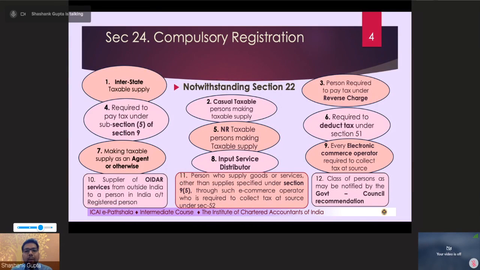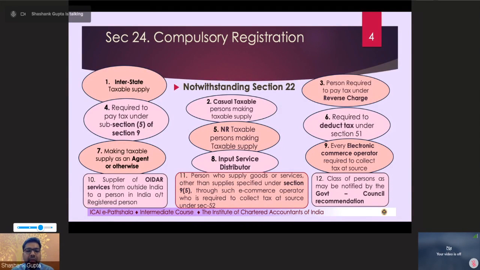So basically, suppose the government is wanting to build a bullet train between Mumbai and Ahmedabad. Now bullet train is something nobody in India has any experience of, and for that the contract has been given to a Japanese entity. Now that Japanese entity comes into India, but does not form an entity in India.